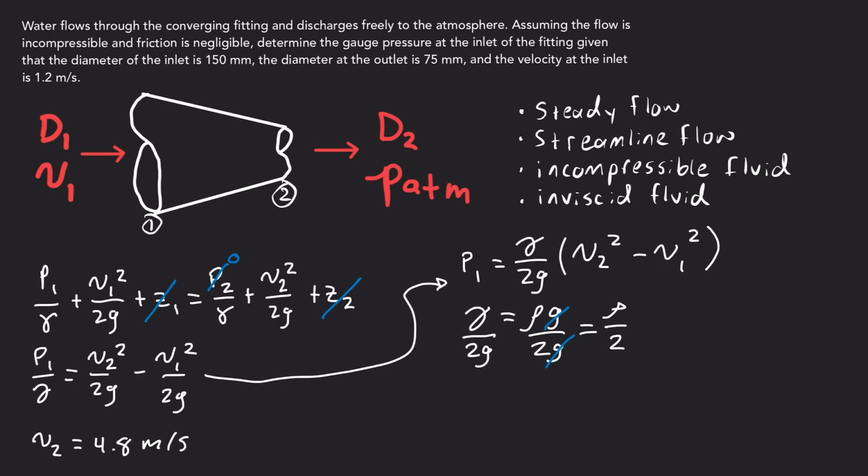So our first term can be reduced to density divided by 2. So now, since we know everything that we need to solve for the gauge pressure at the inlet, we can assume the density of water to be 1,000 kilograms per cubic meter.